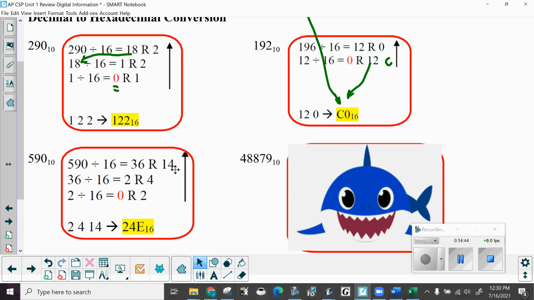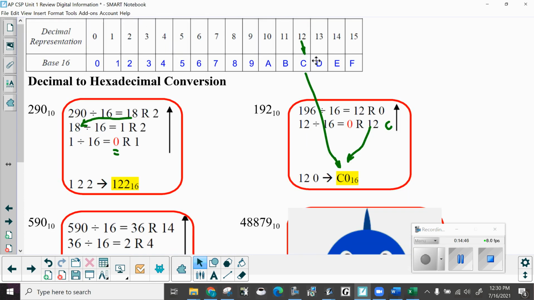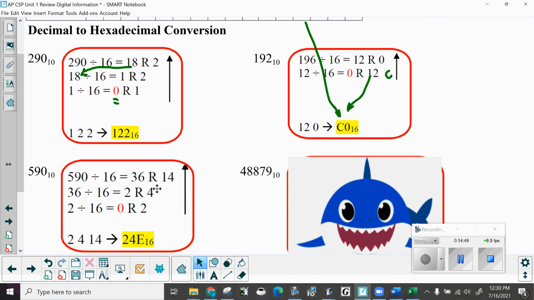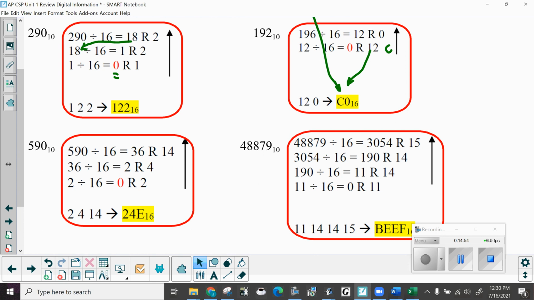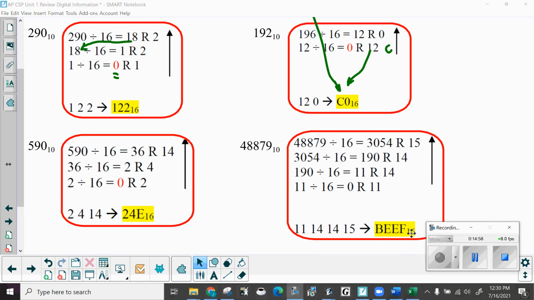Remember 14? You can come back up here. 14 is E. Anytime you have 2 digits as your remainder, you've got to go and pull a value from the alphabet. And here we go. We wind up with BEEF. Chicken, eat more beef. Or the cow tells you to eat more chicken.